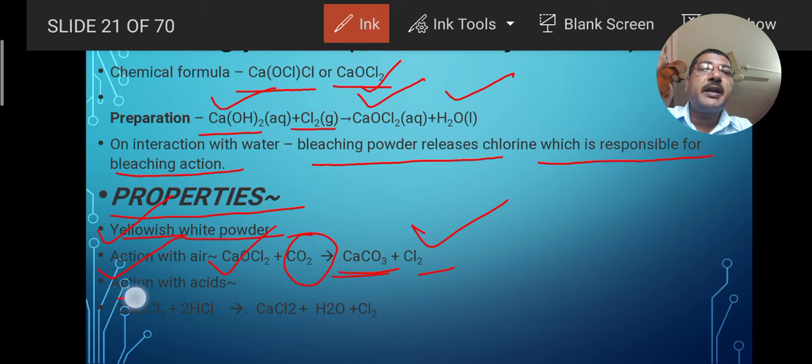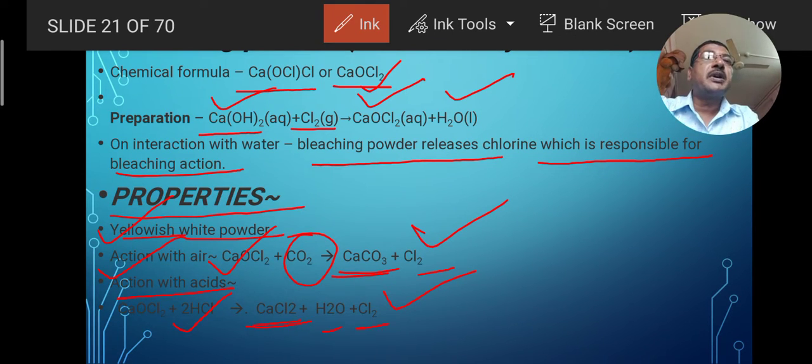Action with the acids: when it reacts with an acid like hydrochloric acid, it produces calcium chloride, water, and chlorine gas is given out. This is the reaction of the bleaching powder with the acid and with the carbon dioxide present in the atmosphere.